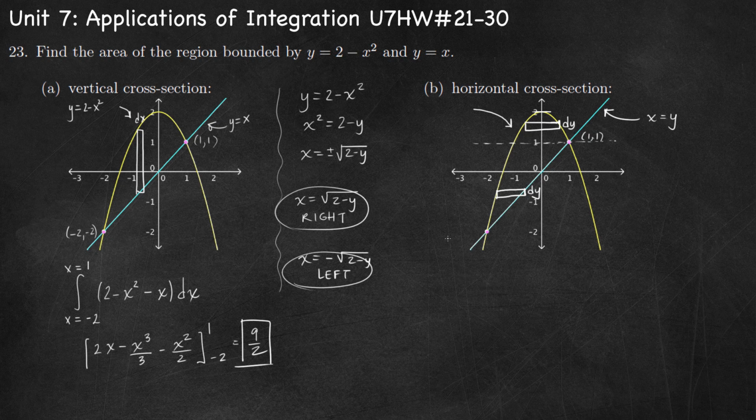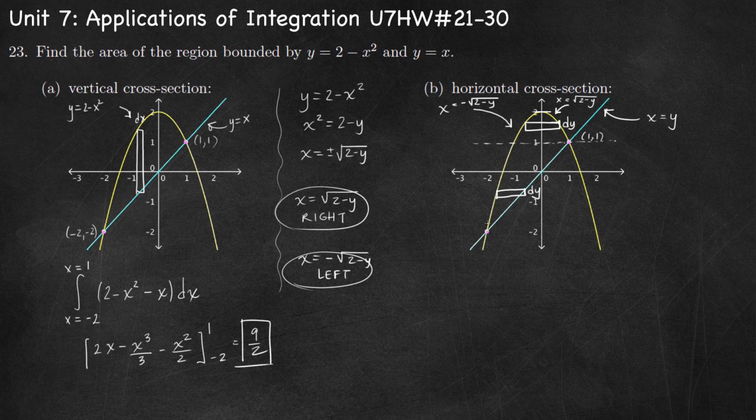In order to make these functions with respect to y, we have to consider the left and the right separately. So the equation for the left half of this parabola is x equals negative square root of 2 minus y. Then the equation for the right half would just be x equals the square root of 2 minus y.